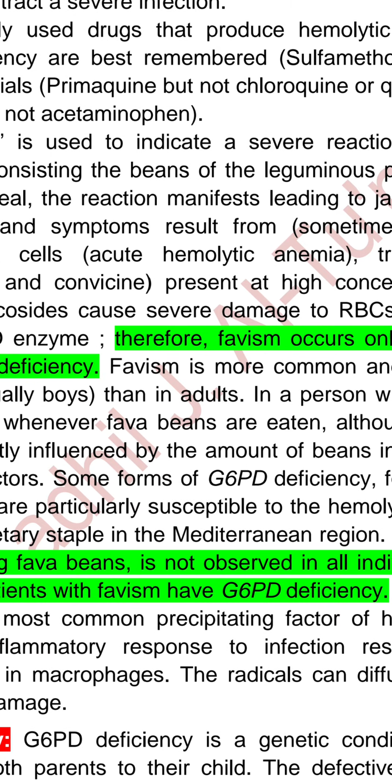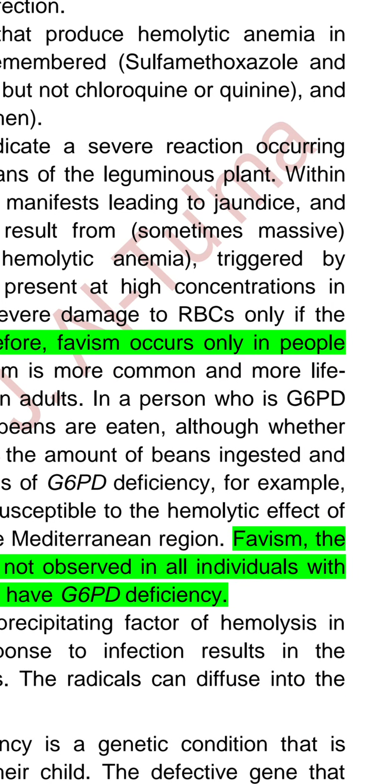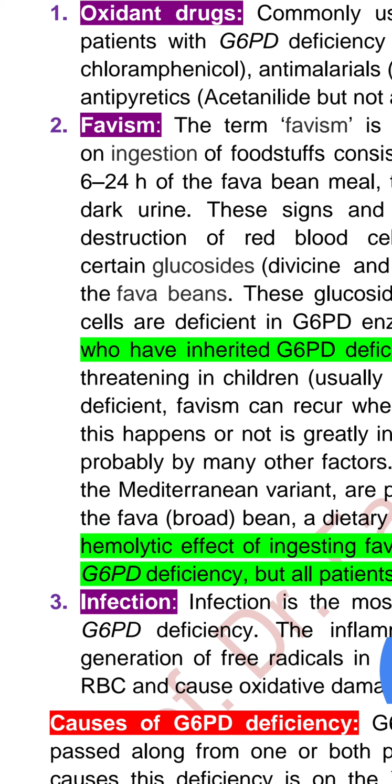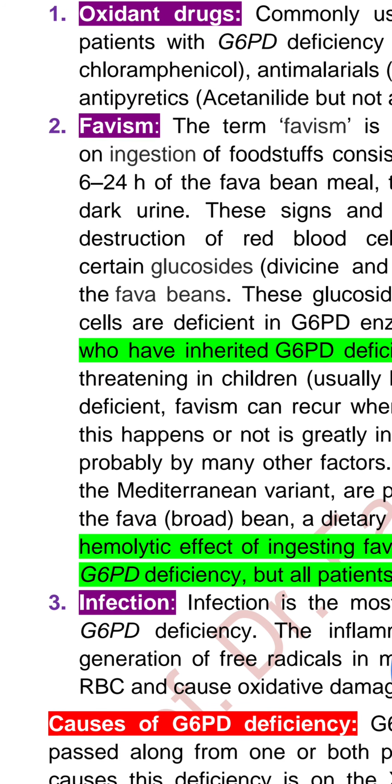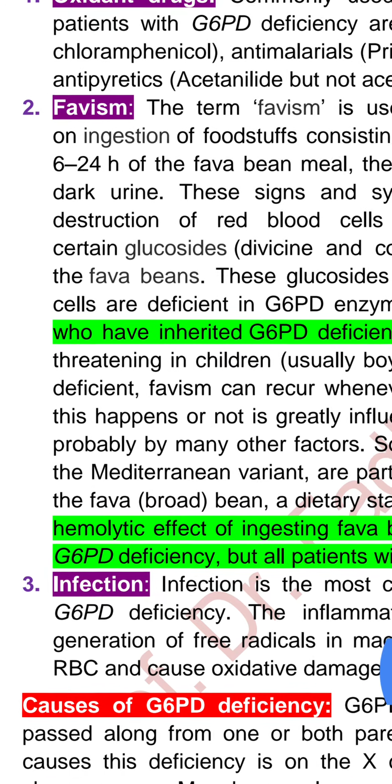The reaction manifests leading to jaundice and dark urine. يتكون عند اليرقان ويكون اليورين مصبوغ بالصبغة السوداء.